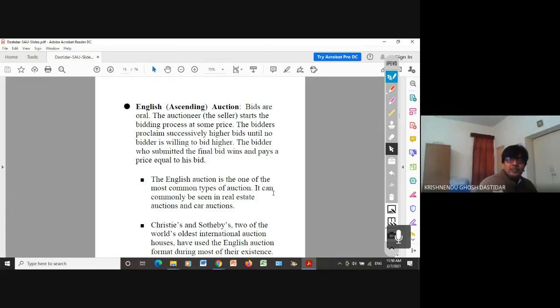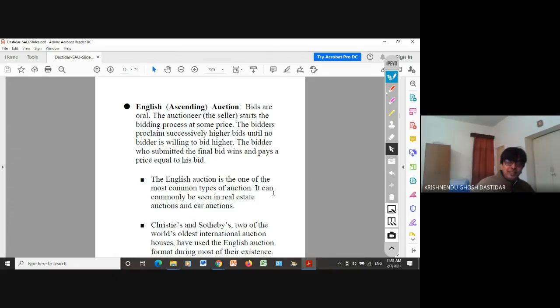The auctioneer starts the bidding process at some price, and then bidders successively make higher bids until there is no bidder willing to bid higher. The bidder who submits the final bid wins and pays a price equal to his bid. It's called an ascending auction. If you think of it, the price is continuously rising.